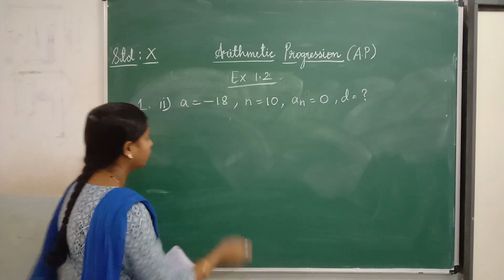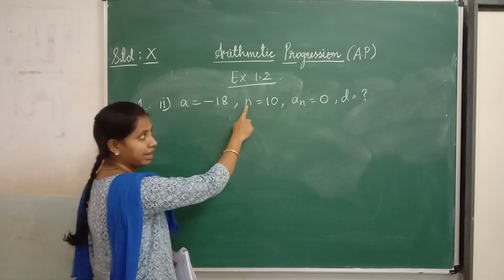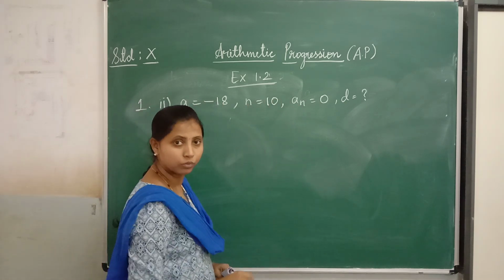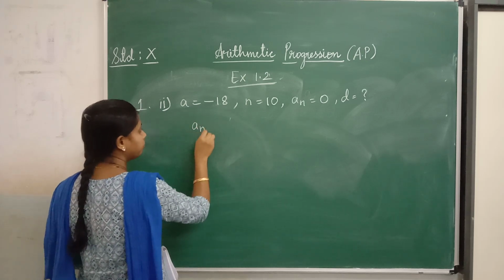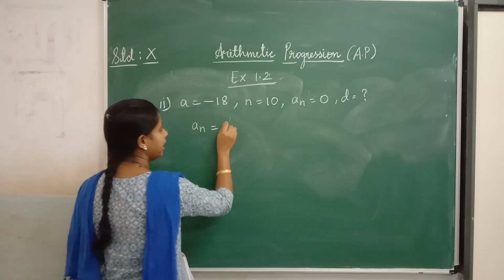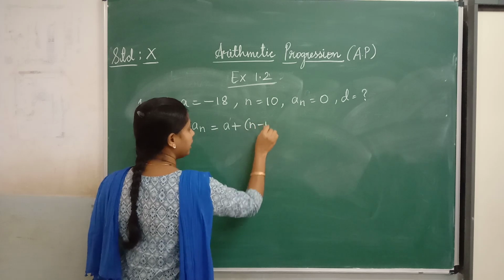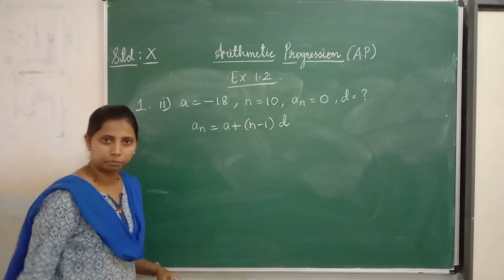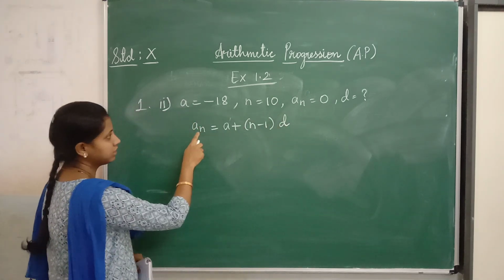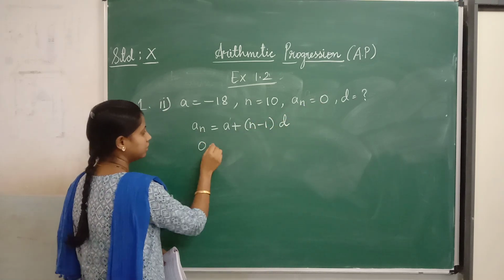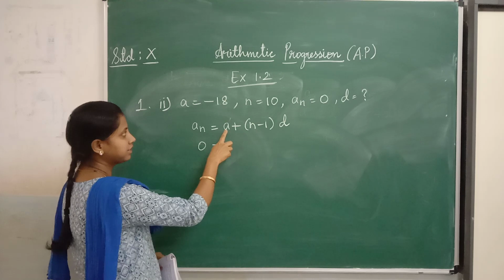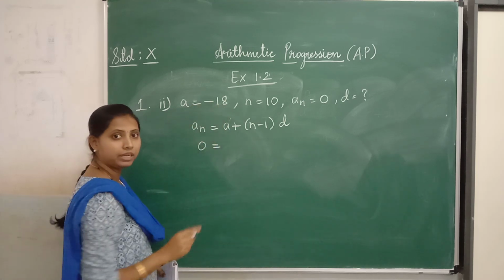First term is given, n is given, an is given. So you have to obviously use the nth term of an AP, that is an is equal to a plus n minus 1 into d. Yes children. So what is an now? Substitute. an is given as 0. What is a? A is given as minus 18.